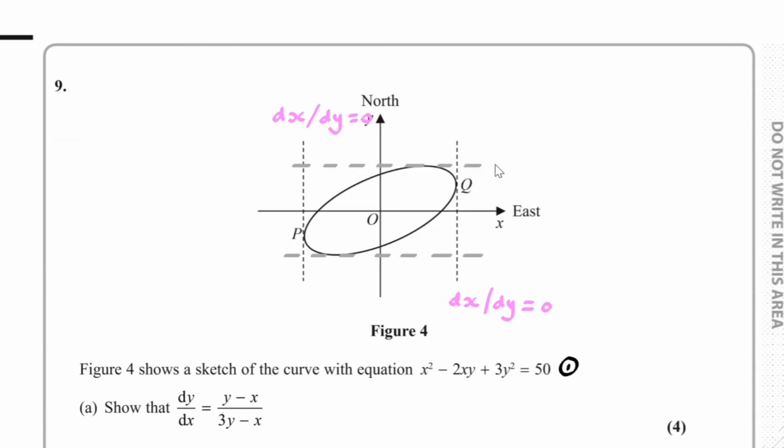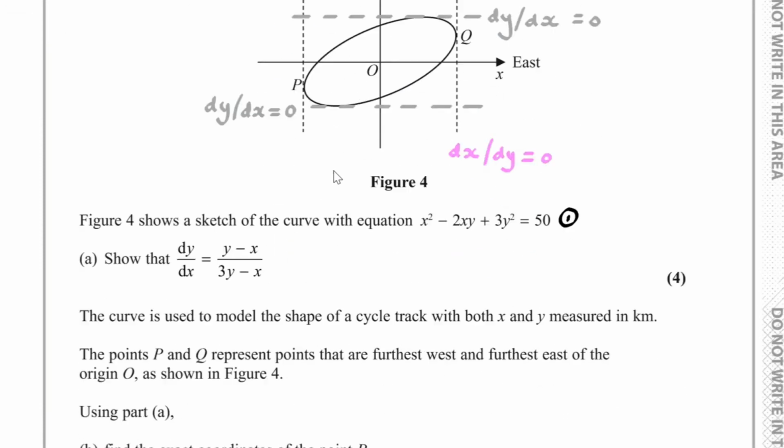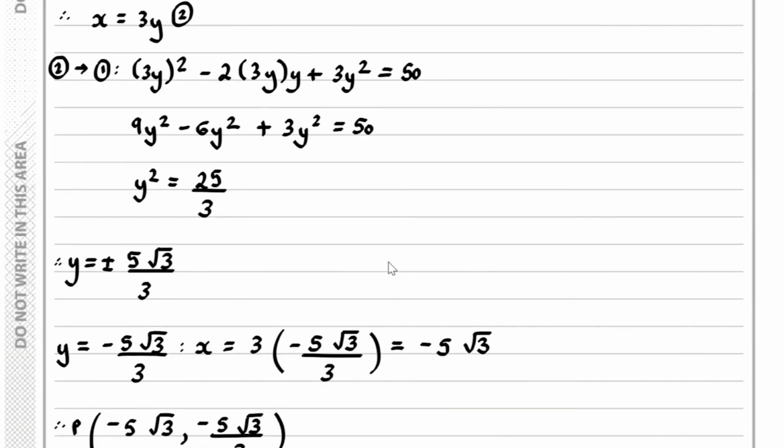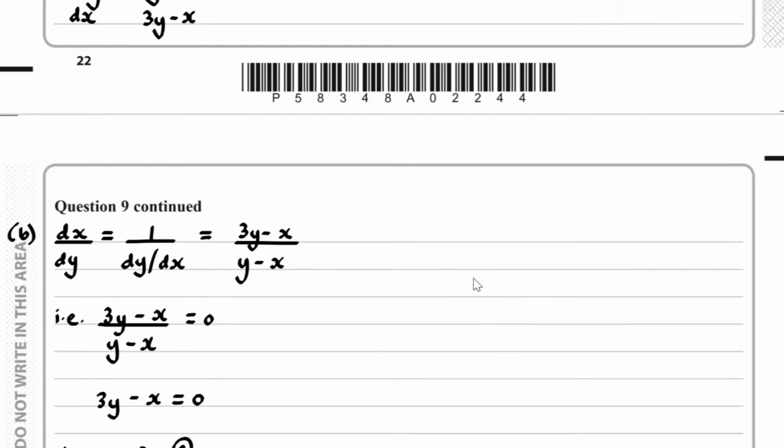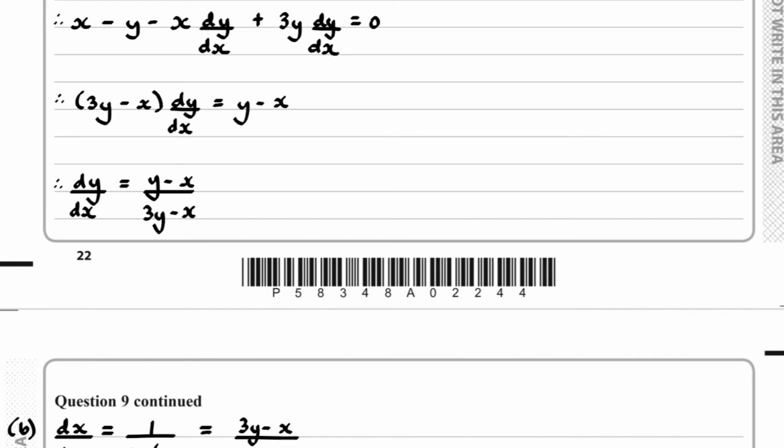And at this point, dy over dx is equal to 0, and that's because we've got a horizontal line, and similarly here, we've got dy over dx equaling 0. And so what we need to recognize then is it's furthest north when dy over dx is equal to 0. Now, do we know what dy over dx is? Well, that's this result here.